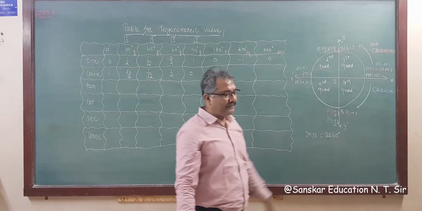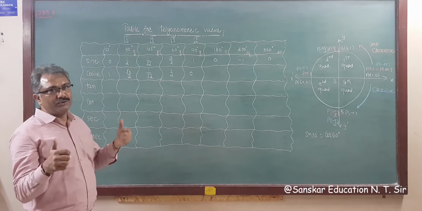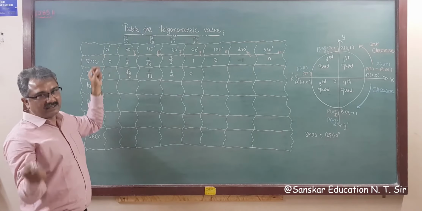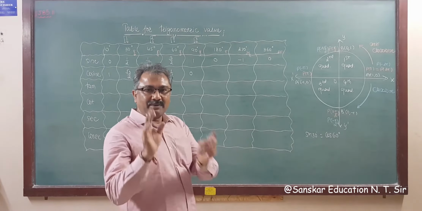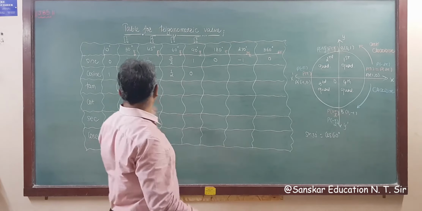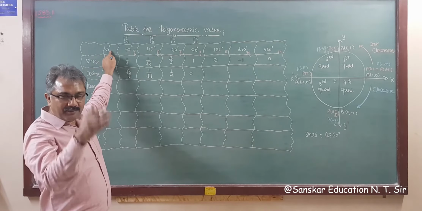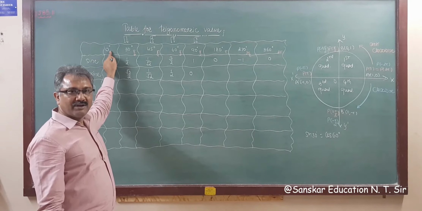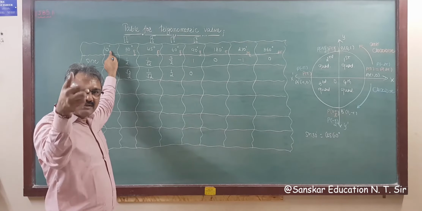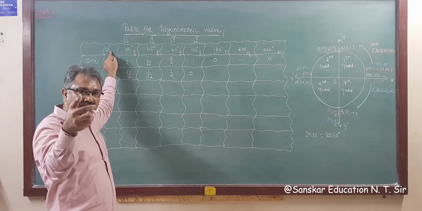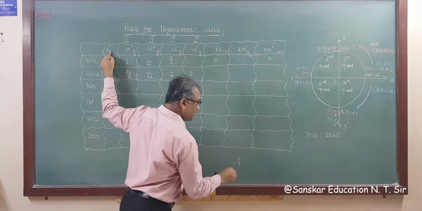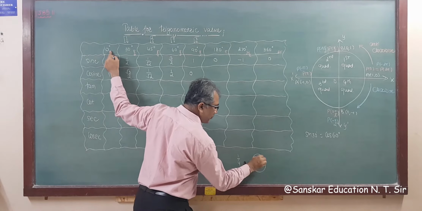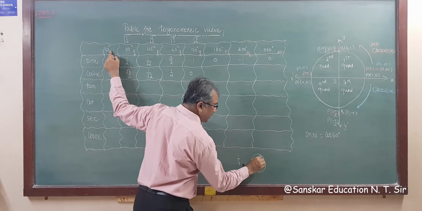This is cos 90. So what to do? You have to take one circle. Suppose you have a pizza; at first you have the whole pizza, so that is 0. We cut it into 4 pieces, and you take one piece. If you take one part out of 4, that is called 1 upon 4 part of pizza. Means like this. Suppose this is a pizza and you are taking one part.